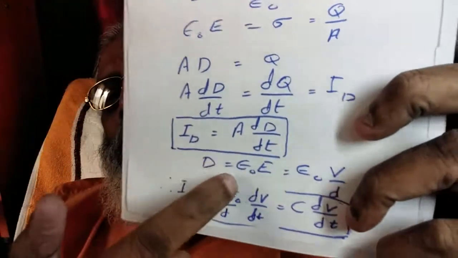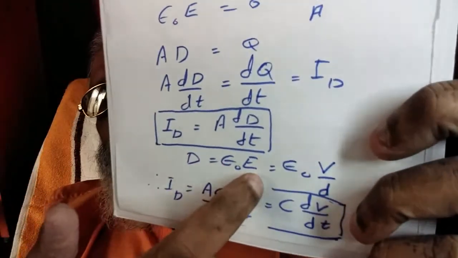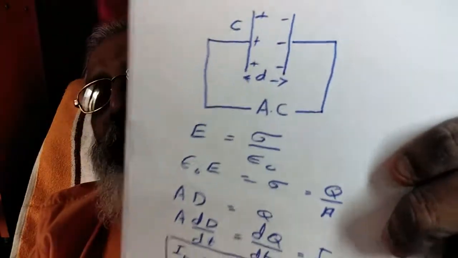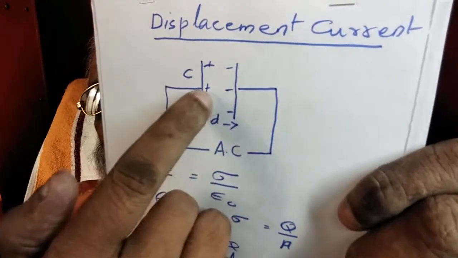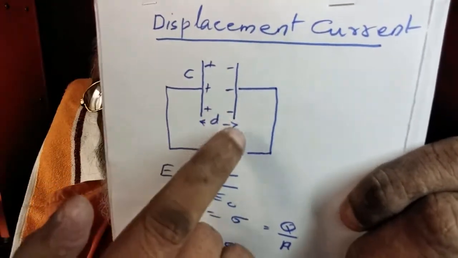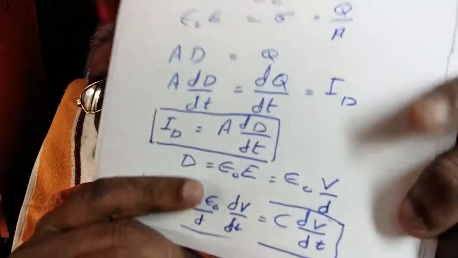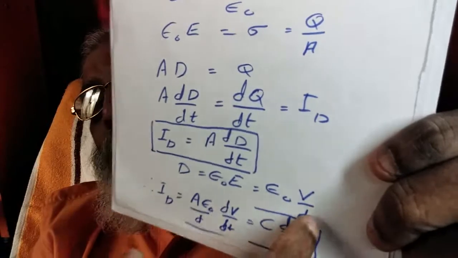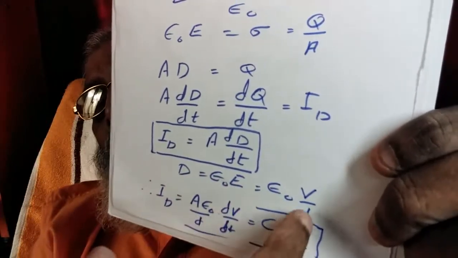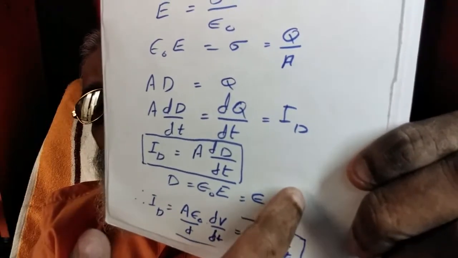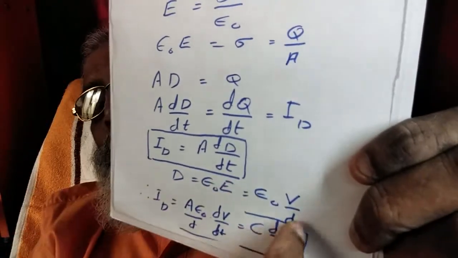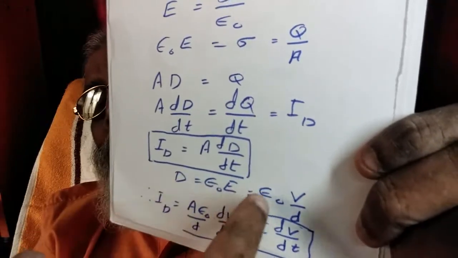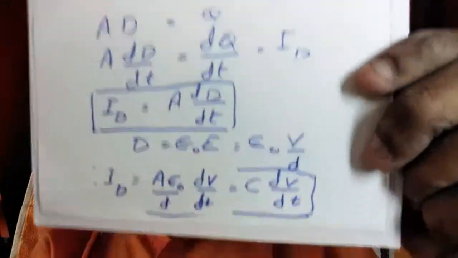Now D equals epsilon 0 E. Electric intensity E is the potential difference between the plates V divided by the plate separation d, so E equals V by d. So D equals epsilon 0 into V by d.